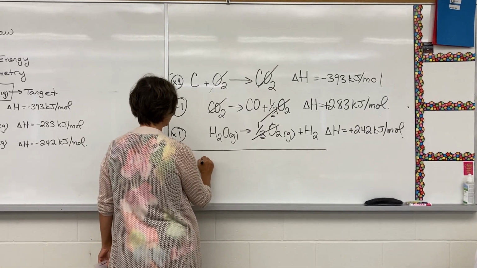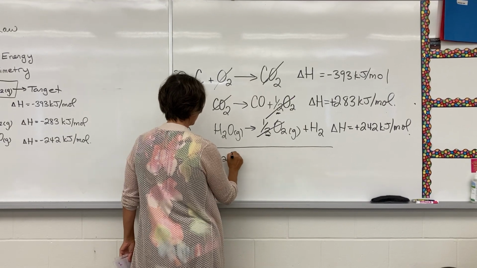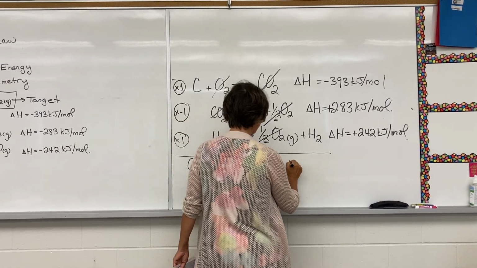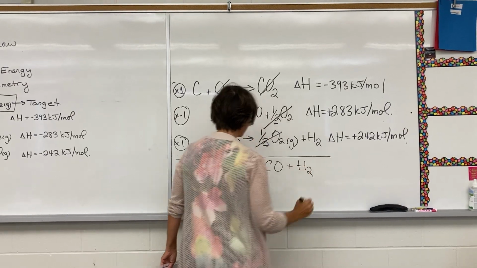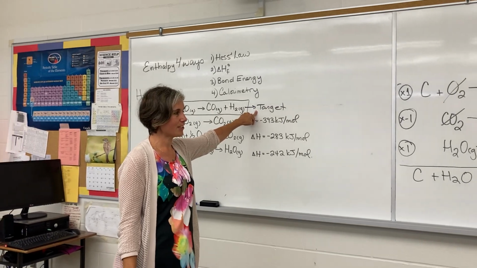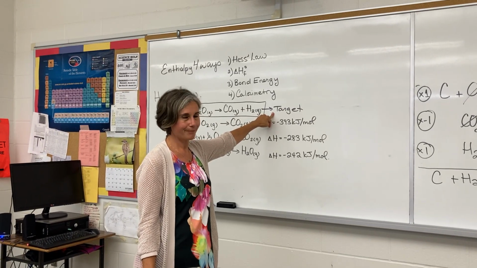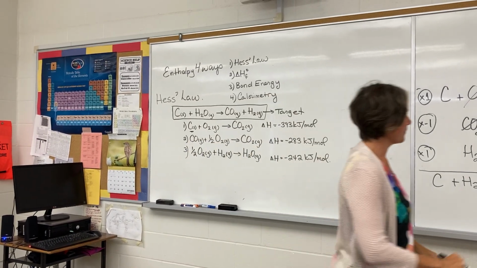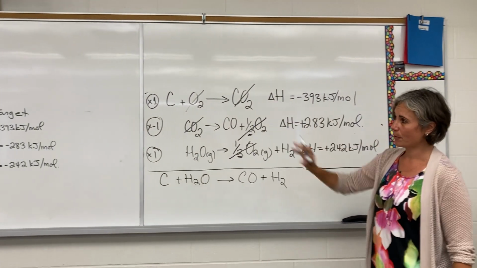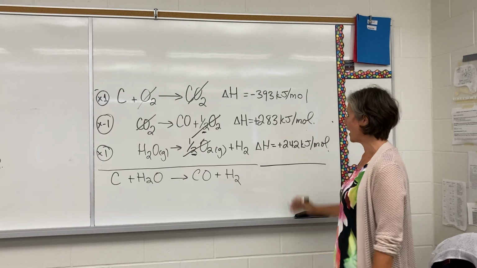So carbon plus H2O yields carbon monoxide plus hydrogen gas. So then I go and I check, does this match the target reaction that I was trying to achieve? It does. We're awesome.